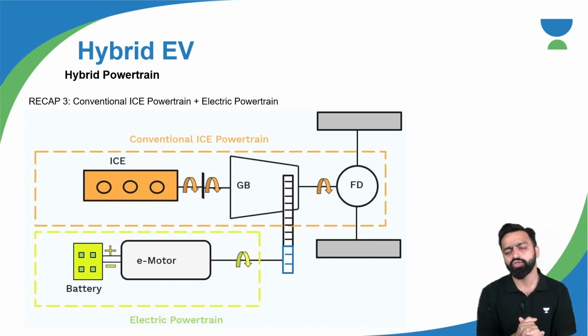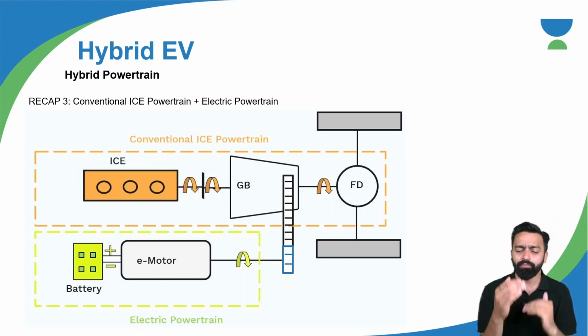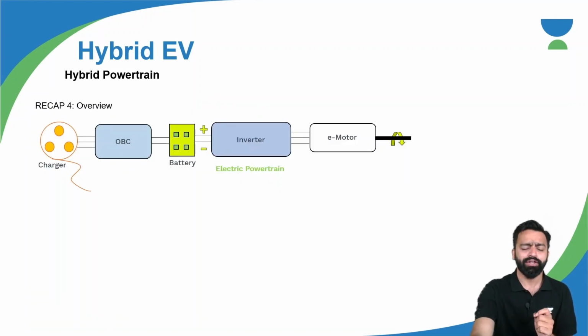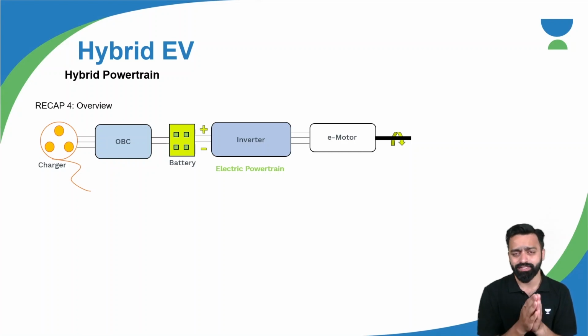On your screen you can also find that it is a combination of the two powertrains, that is the conventional IC powertrain and the electric powertrain. Here we have also understood different configurations of these powertrains, and we have had an overview of the pure electric powertrain, wherein there is an onboard charger, a battery, and an electric powertrain, meaning there is a bidirectional inverter and an electric motor.